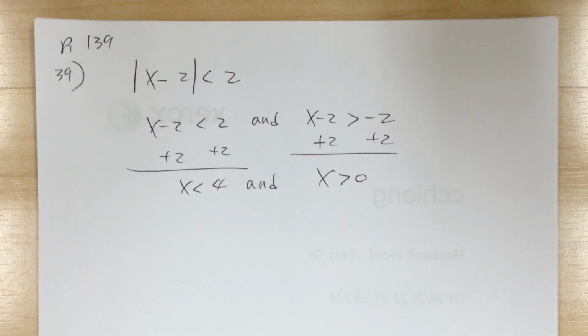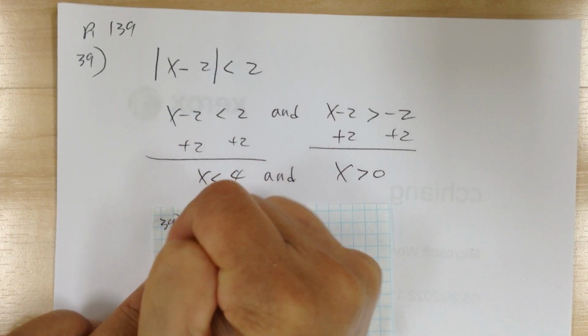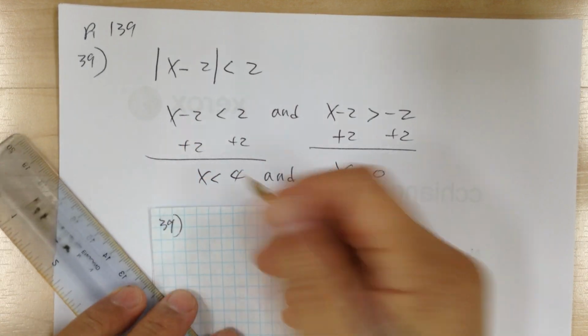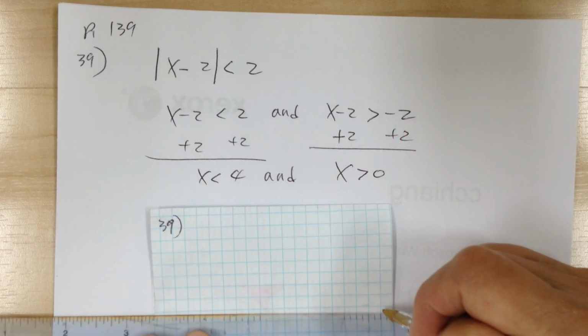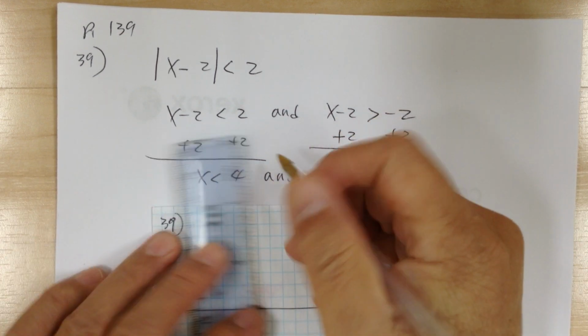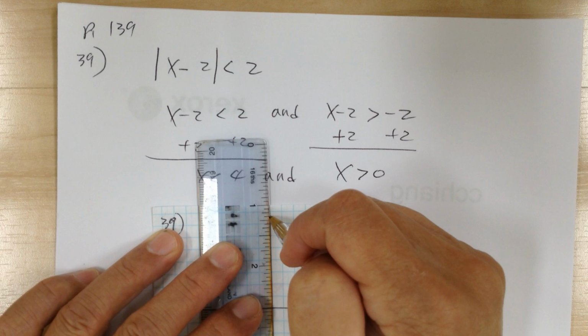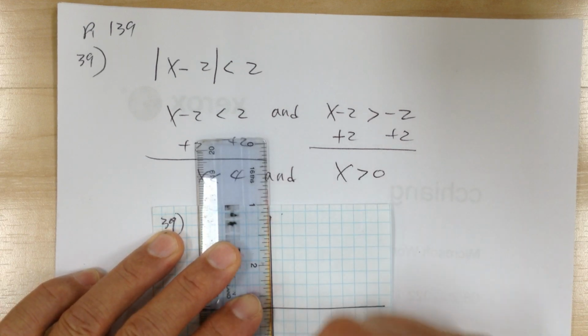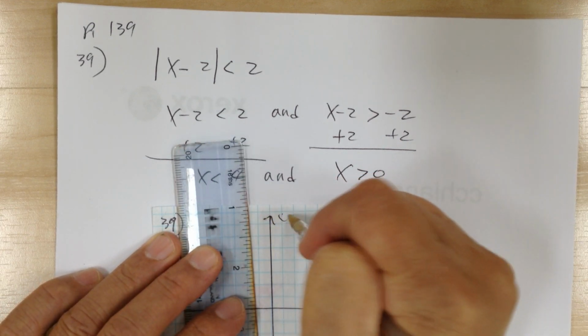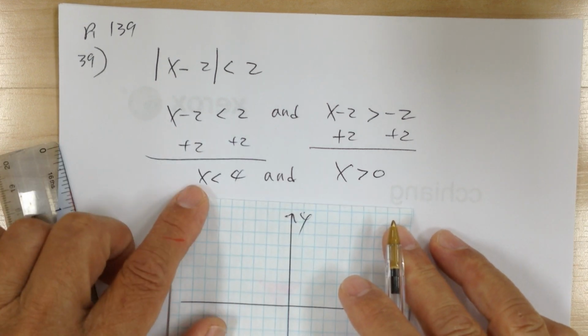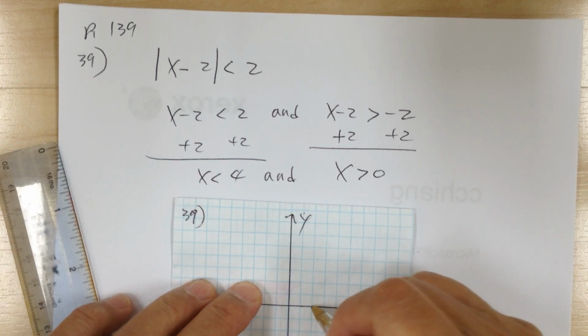So when you graph this one, x has to be less than 4.